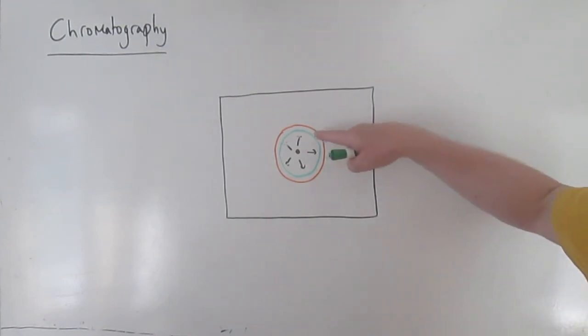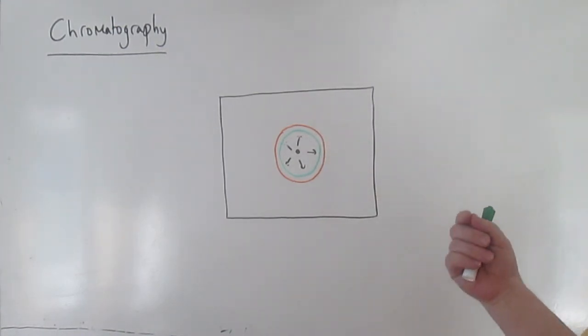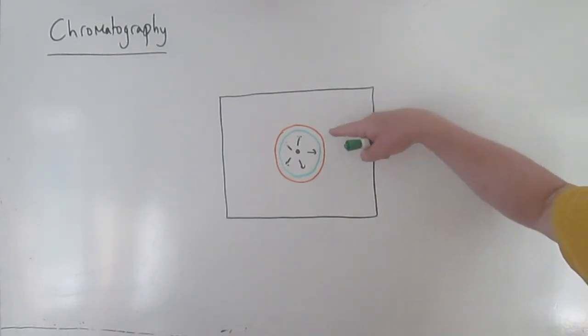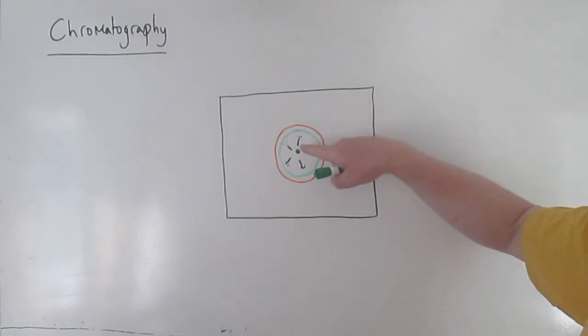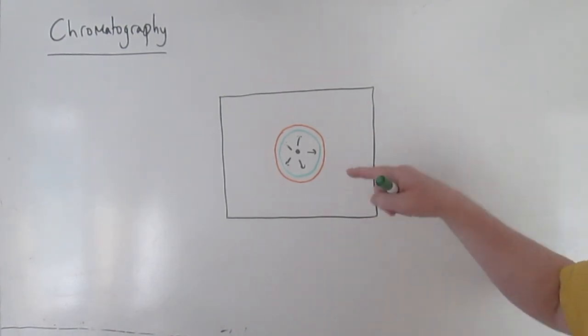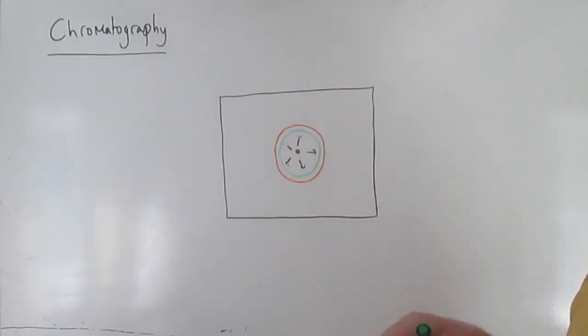So comparing the green substance with the brown one, we could either sort of view it from the point of view of the solvent and say, well, the brown one seems to be more soluble in the solvent than the green one, or we could view it from the point of view of adsorption and say, well, the green one seems to adsorb more strongly to the shirt material than the brown one does.